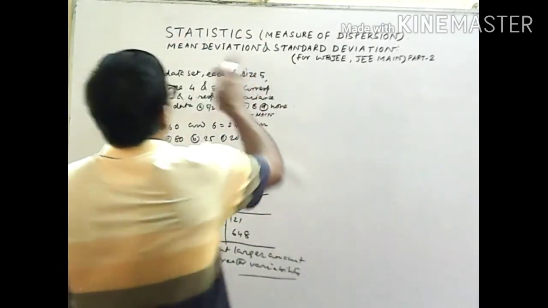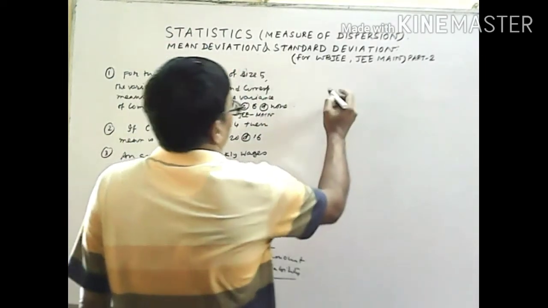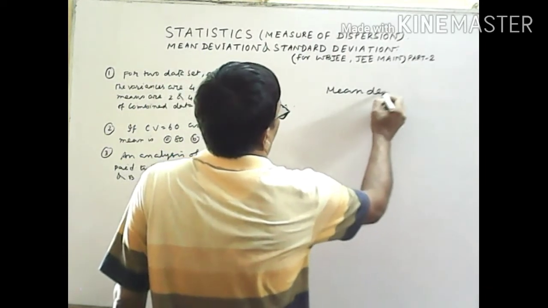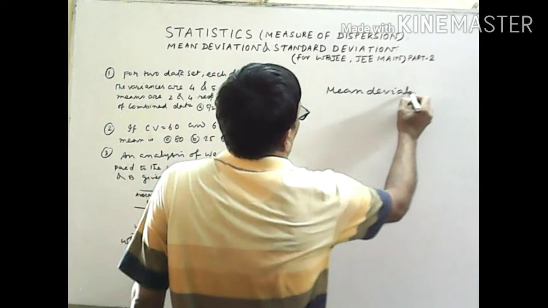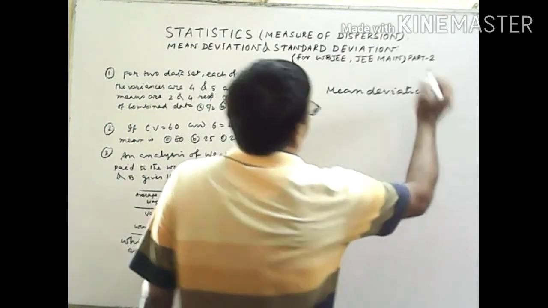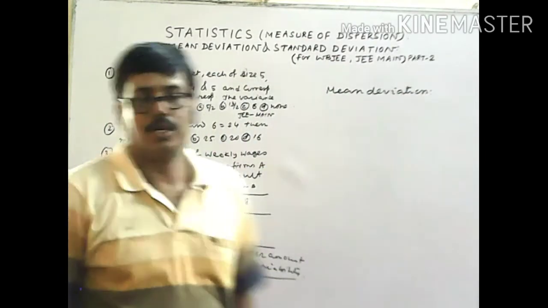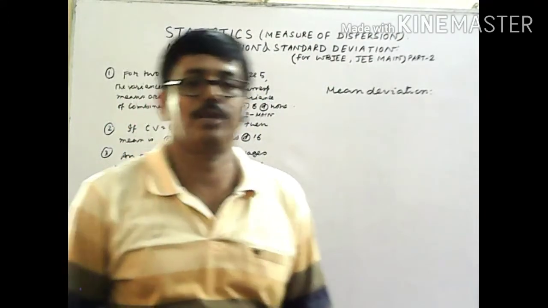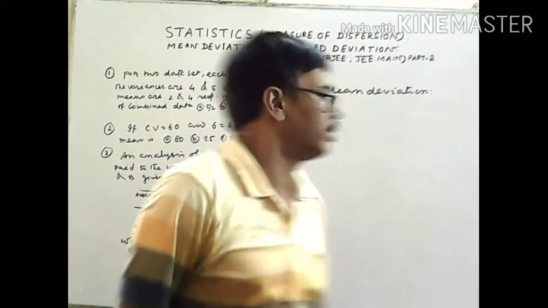So, mean deviation. Mean deviation from average. This may be mean deviation from mean or mean deviation from median.